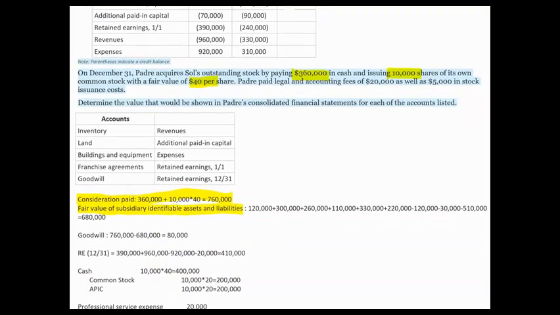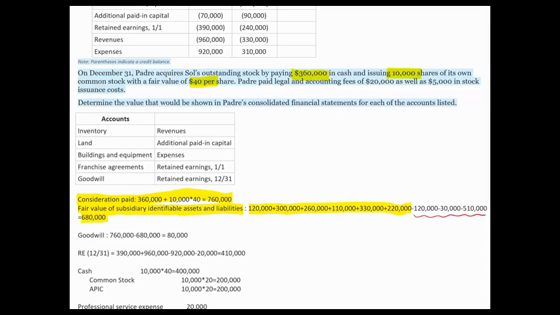Then we can get $680,000 as the fair value of the subsidiary's identifiable assets and liabilities. So basically what we did is we used the total fair value of their assets minus the fair value of their liabilities.